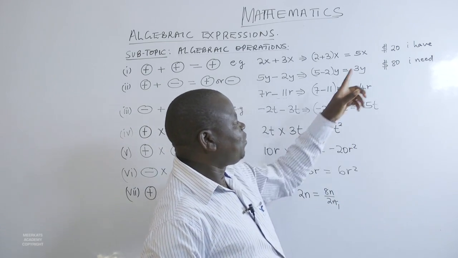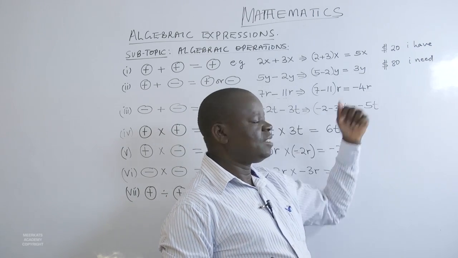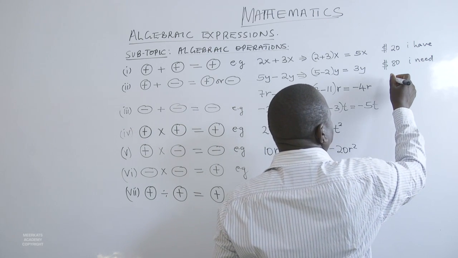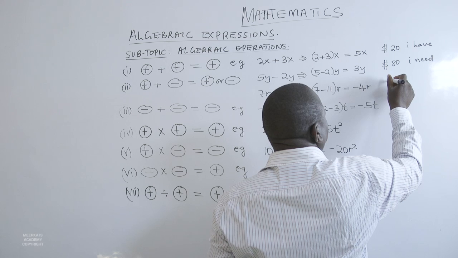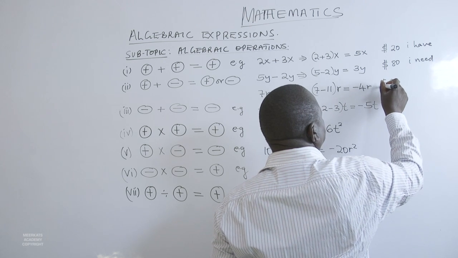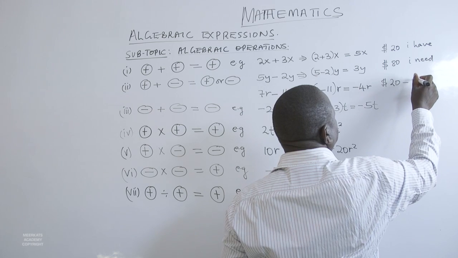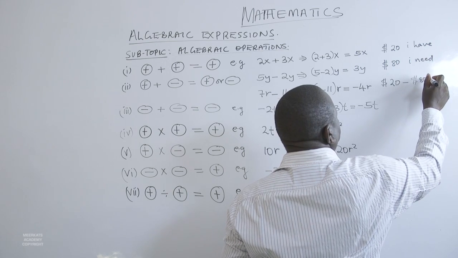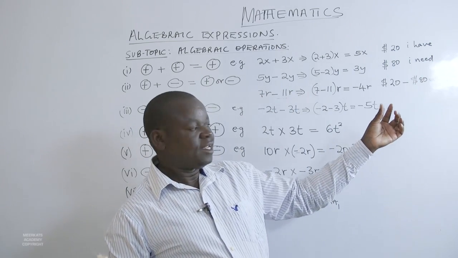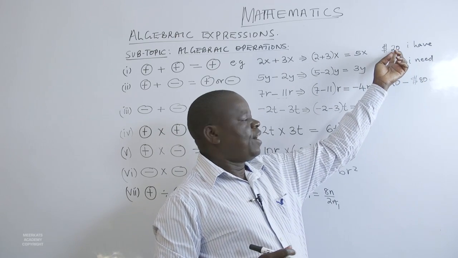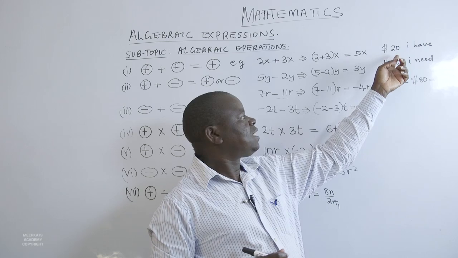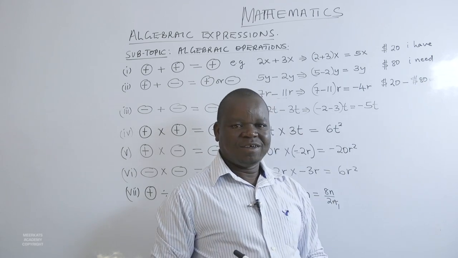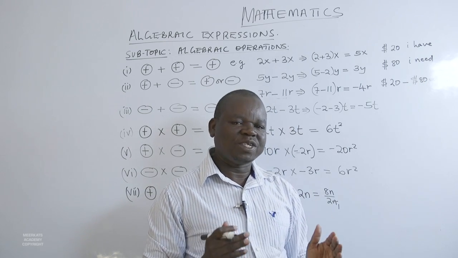Now, because I have 20 and I need 80, it means that my deficit will be $20 minus $80. And that will give you, because what I have is far less than what I need, the difference between 20 and 80 will be my deficit, and it is treated as a negative.